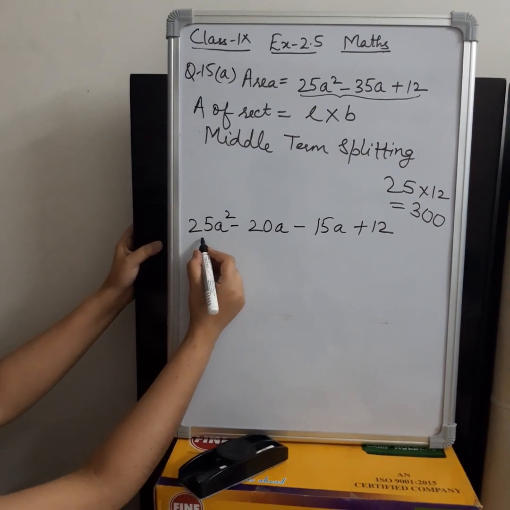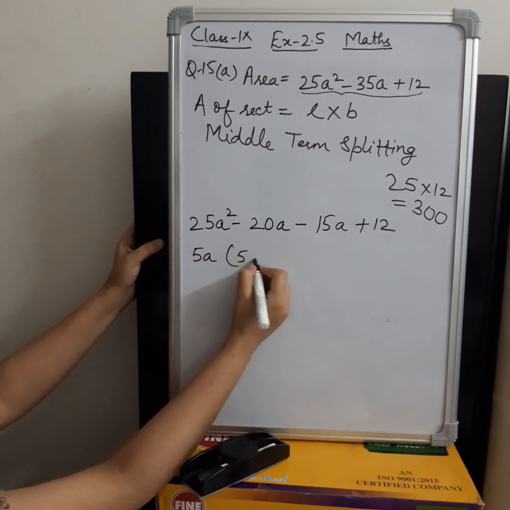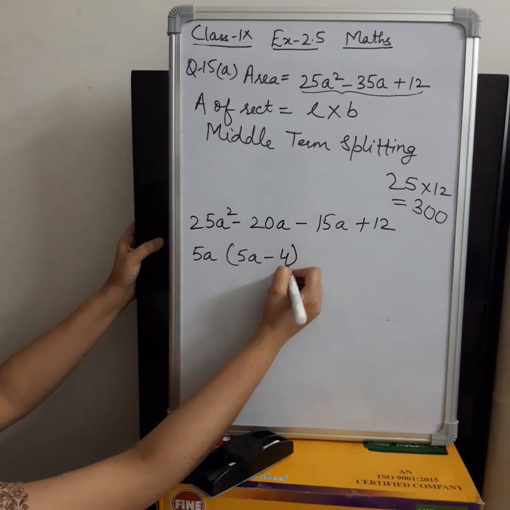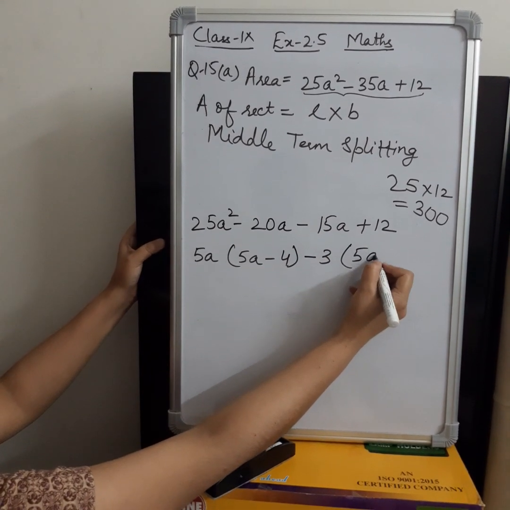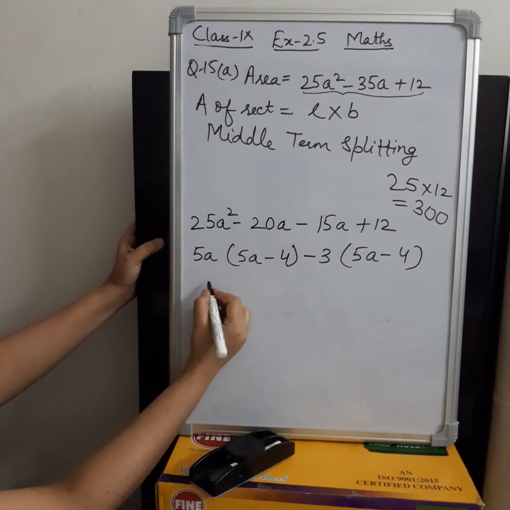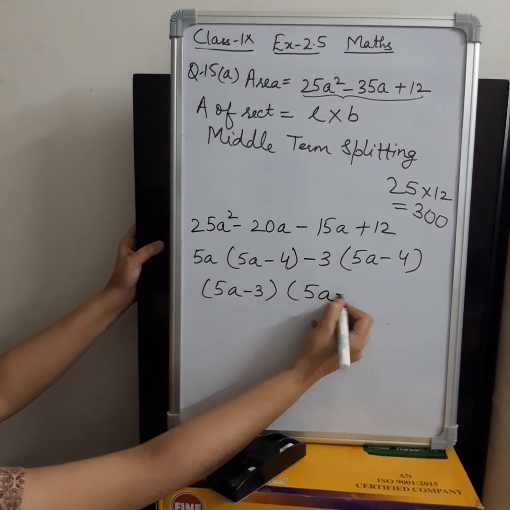Now what can we take out common from here? 5a, then it will be 5a minus 4. Same way from here I can take minus 3 common, then 5a minus 4. So 5a minus 3 and 5a minus 4.